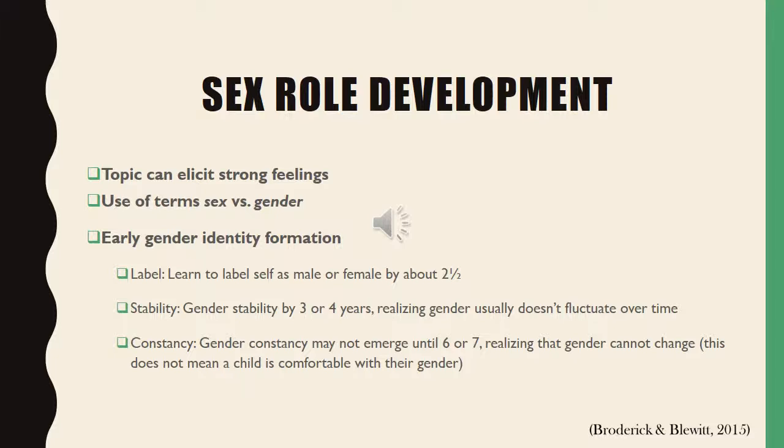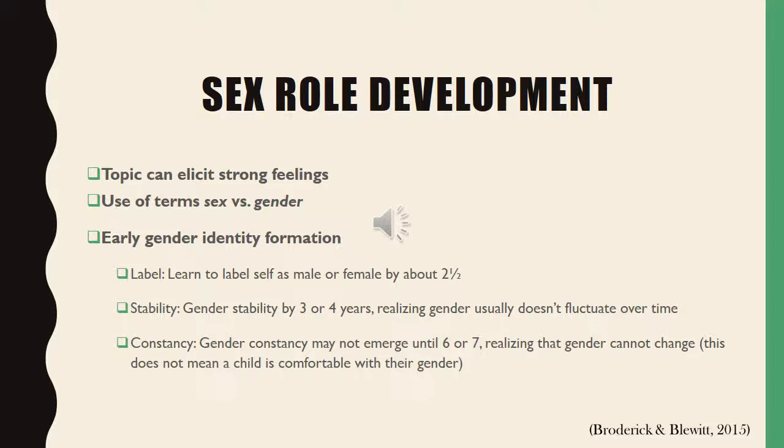But then some real gender consistency kicks in around 6 or 7, where kids begin to realize that their gender likely cannot change. So if they identify as a girl at 6 or 7, they begin to realize I'm probably going to be a woman when I grow up. Or if they identify as a boy at 6 or 7, realizing I'm probably going to be a man when I grow up.